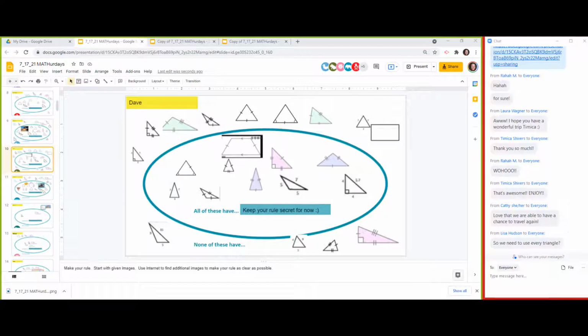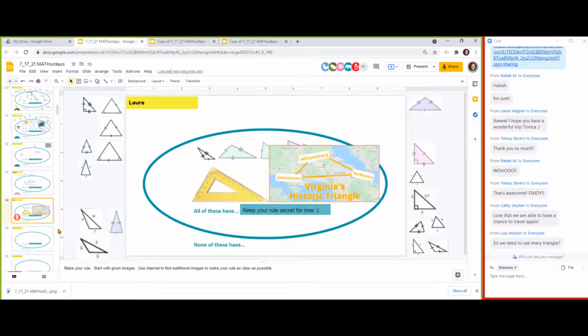Try to think of some real world images, examples and non-examples.